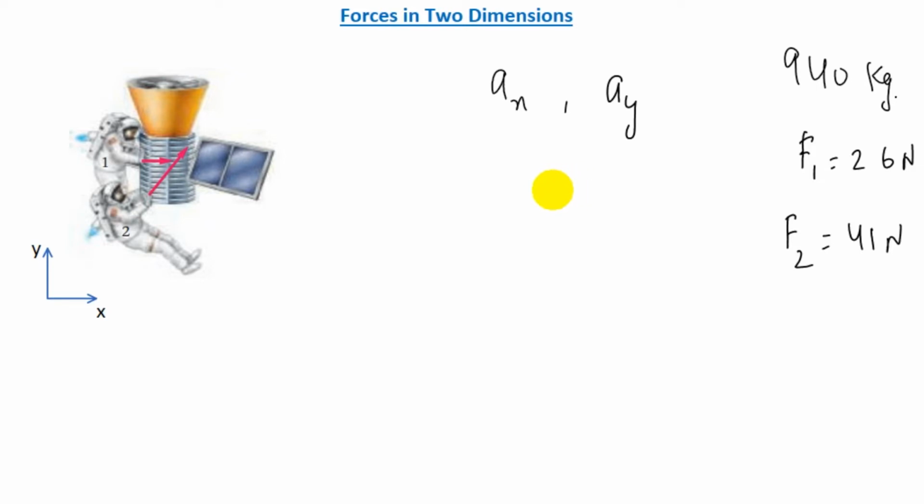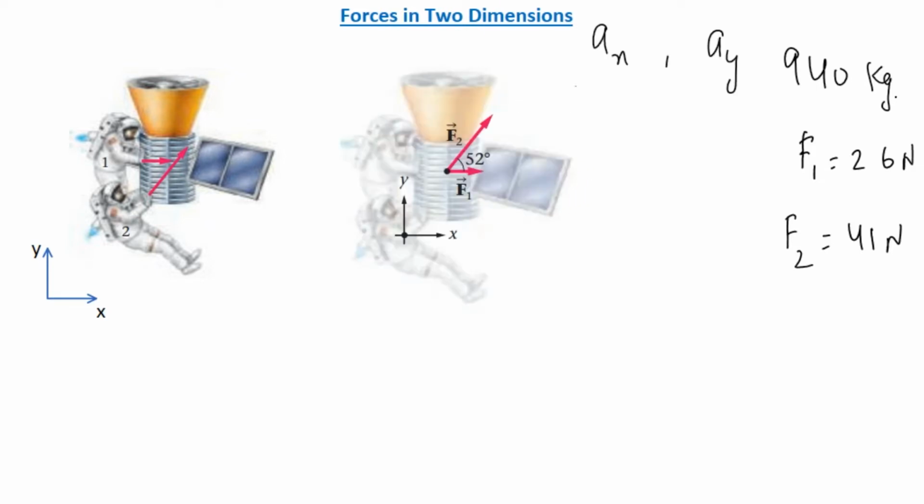So first, let us make the free body diagram. I have drawn the free body diagram and also the coordinate system. Now you may see that the F2 force has a component in the horizontal direction and in the vertical direction. So let us find the components. This is the force F2 and this angle with the x-axis is 52 degrees.